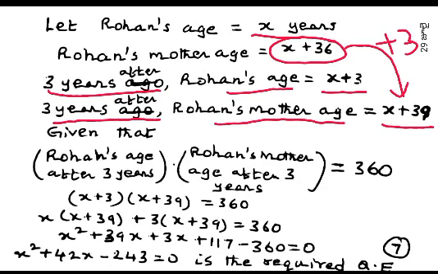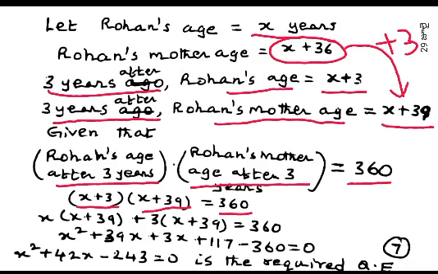Given that Rohan's age after 3 years multiplied by Rohan's mother's age after 3 years equals 360. That is, x plus 3 is Rohan's age after 3 years, and x plus 39 will be the age of Rohan's mother after 3 years, equal to 360.